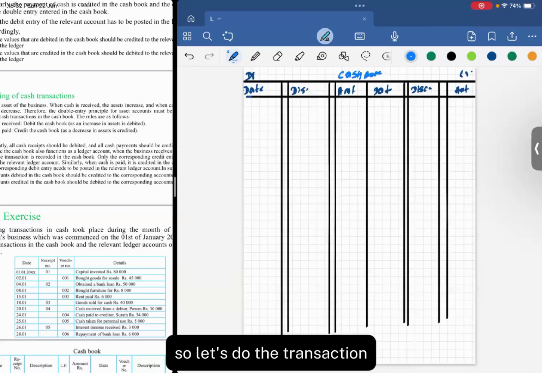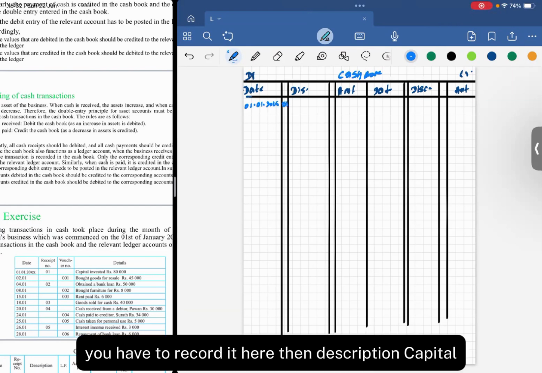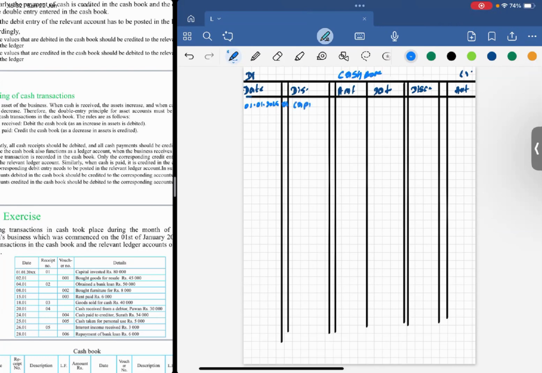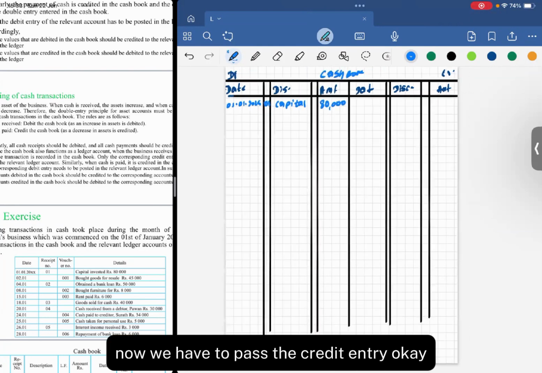So let's do the transaction. Date is 1st Jan 2025. Receipt number 1. You have to record it here. Description, capital, amount is 80,000. Now we have to pass the credit entry.